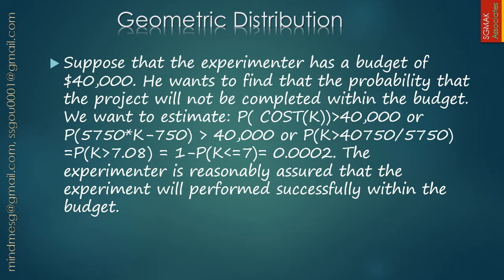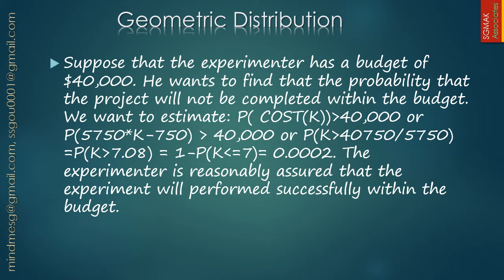Moving on. Now, just another variation of the same problem. Suppose the experimenter has a budget of $40,000. So he wants to find out what's the probability that the project will not be completed within the budget. He'll be needing more money than what he has.